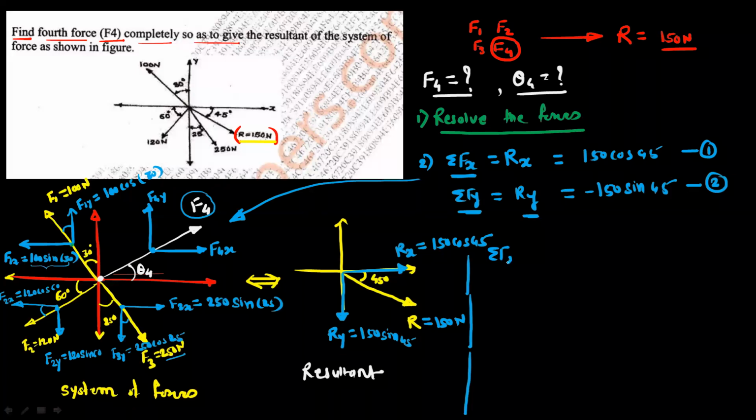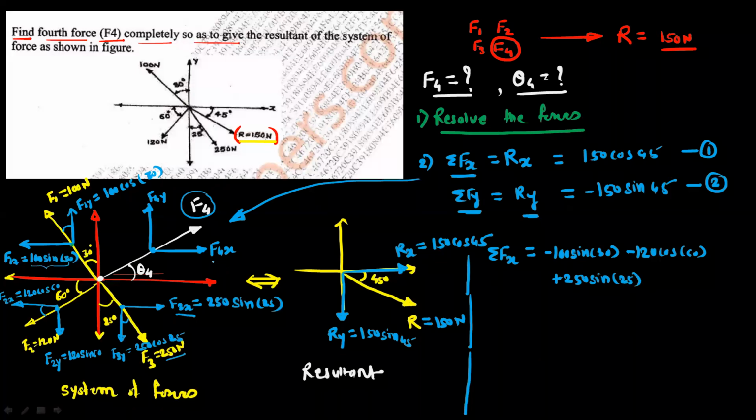Summation Fx is equal to, start from F1. What is the x component for F1? It is 100 sin 30 on the negative side, so it is minus 100 sin 30. The next component is F2, 120 cos 60. Again, it is negative, so it is minus 120 cos 60. Next is F3. F3x is 250 sin 25, so plus 250 sin 25.